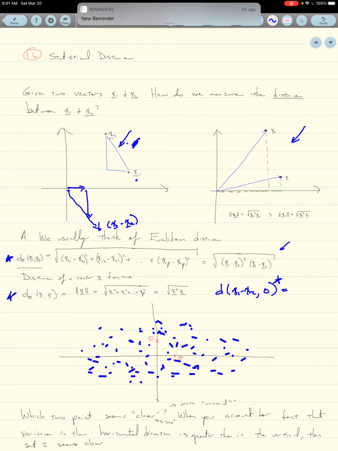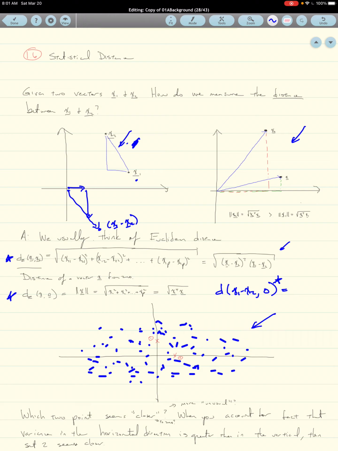Okay, now let's change. So all we've talked about at this point is Euclidean distance. Let's think about why we might want to measure distance differently. Imagine I have a cloud of points, as I've shown down here, and this cloud of points is not symmetric.